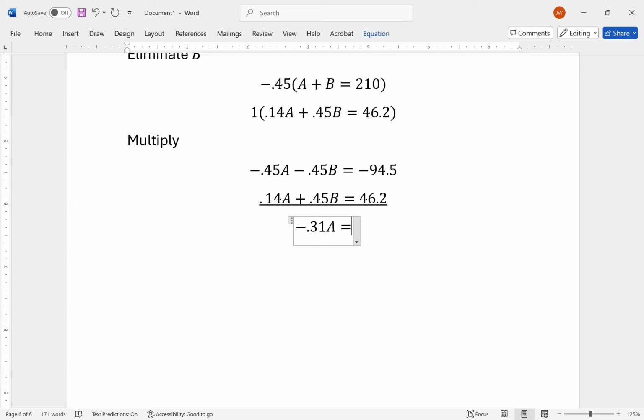And then negative 94.5 plus a positive 46.2 gives me a negative 48.3. Dividing both sides by negative 0.31 gives me A is 155.81.